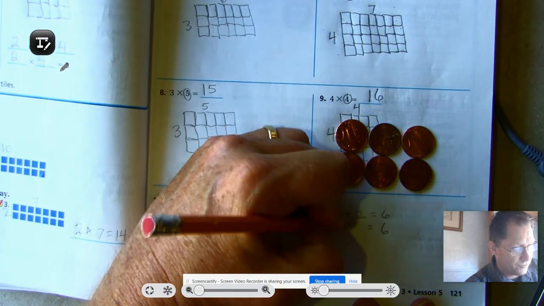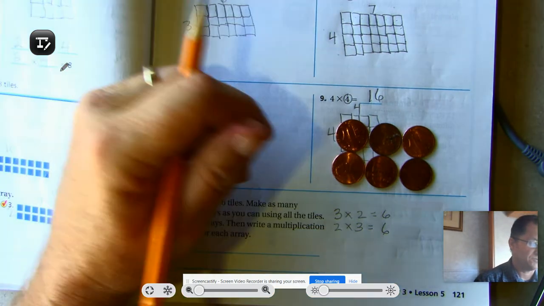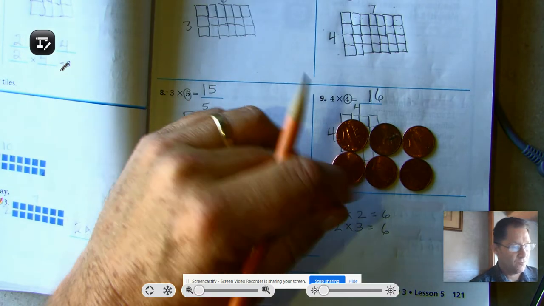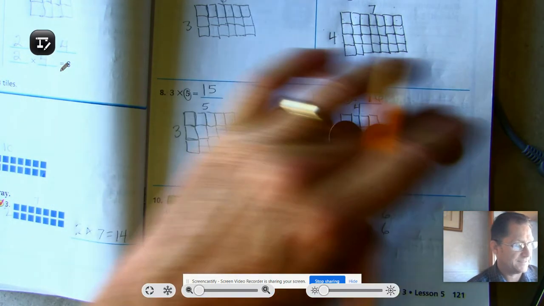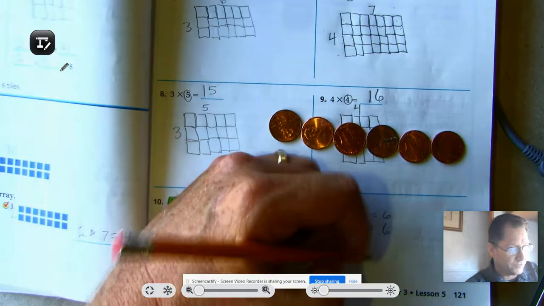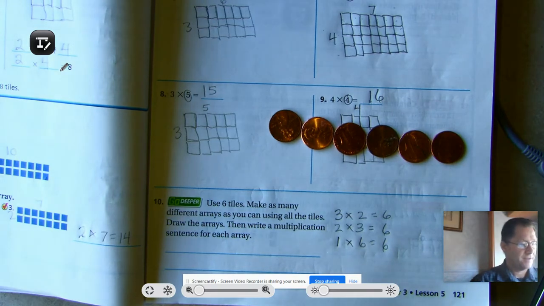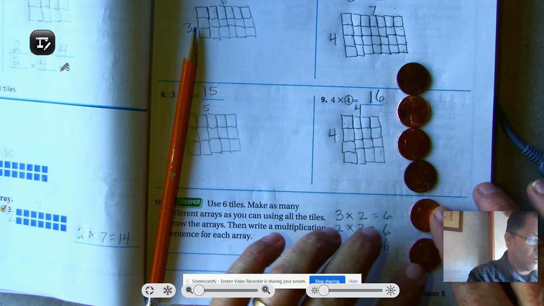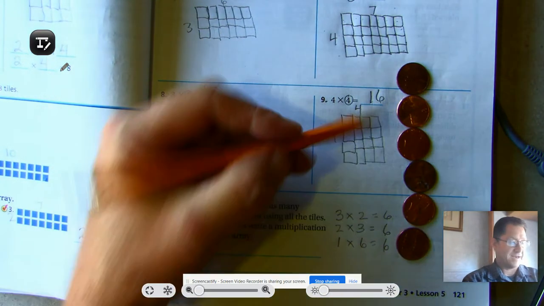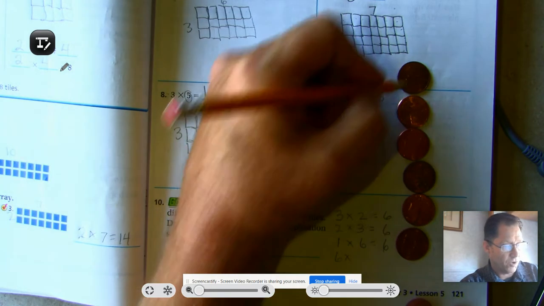Now I also have 2 rows of 3. Is there any other way I can use all 6 tiles making equal groups? Well, what if we do just 1 row of 6? I could do that. 1 row of 6 is 6, which means I can also turn that, and instead of having 1 row, I could have 6 rows, and in every row I only have 1.